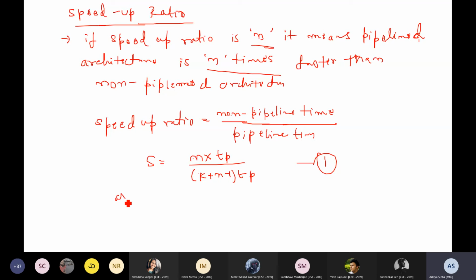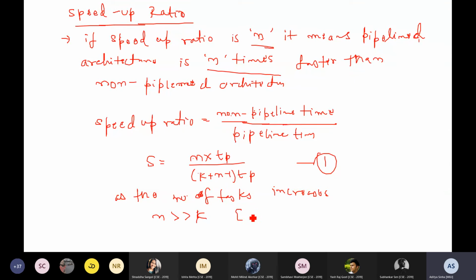But the thing is that, you can imagine the real life scenario, as the number of tasks increases, it means that the value of n will become very large in comparison with the k.